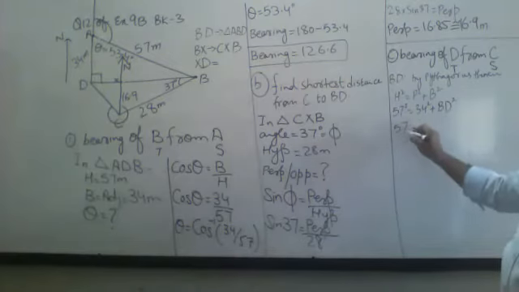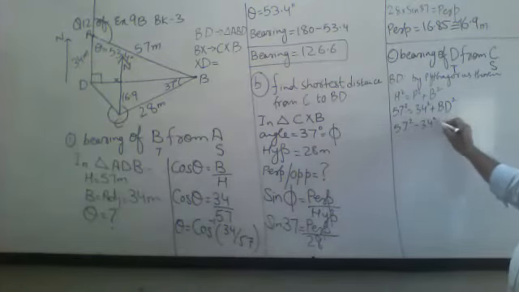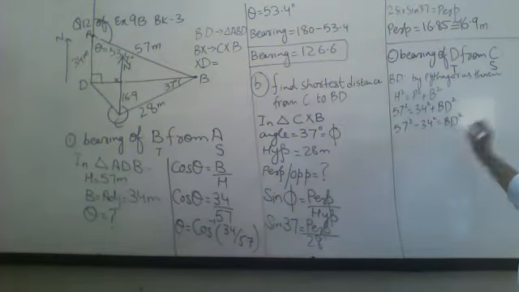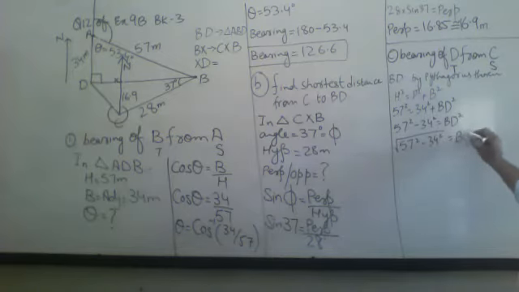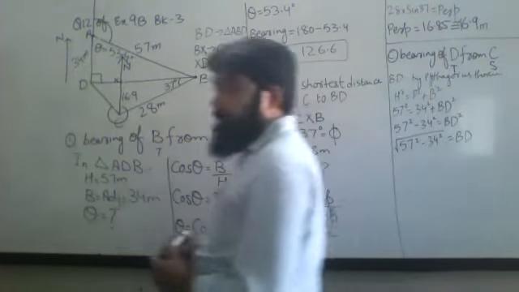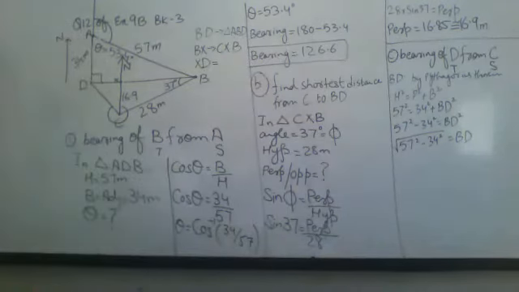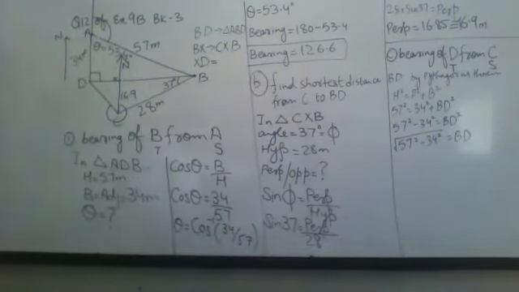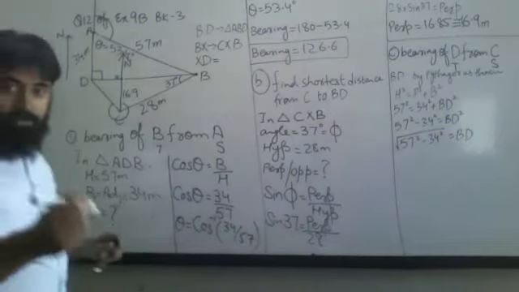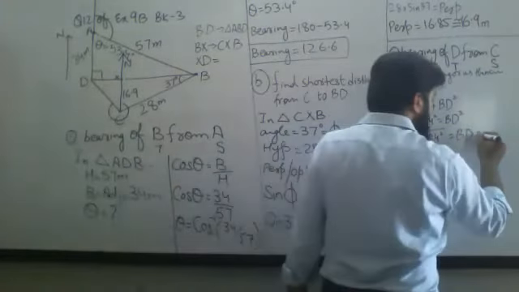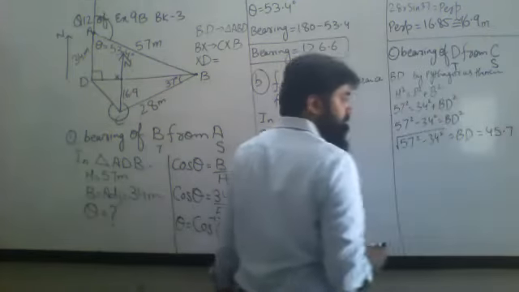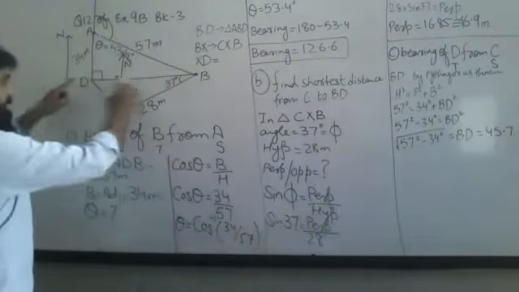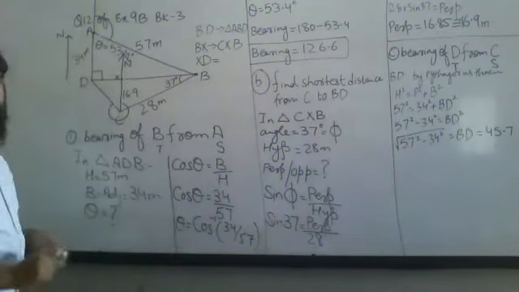So 57 square minus 34 square equals BD square, taking root on both sides. I have used the Pythagoras theorem to get this. BD is coming 45.7. This whole length is 45.7.